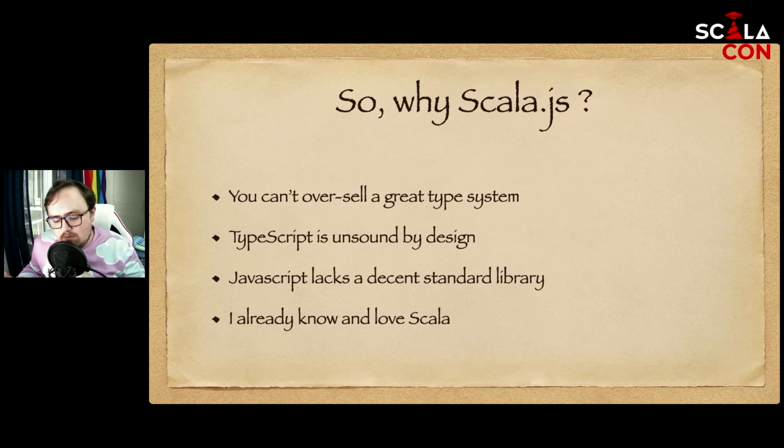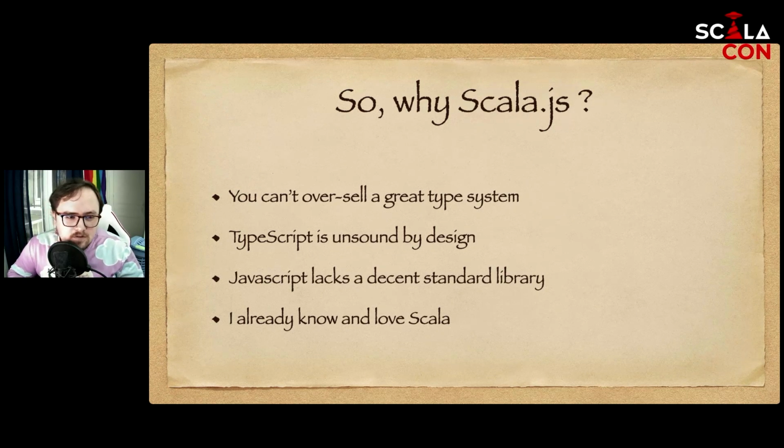While Scala.js is certainly not the only way to get a type system for JavaScript, TypeScript is unsound by design. It sounds a bit harsh, but it's actually listed as one of their non-goals in their documentation. TypeScript doesn't have a goal of applying a sound or provably correct type system.